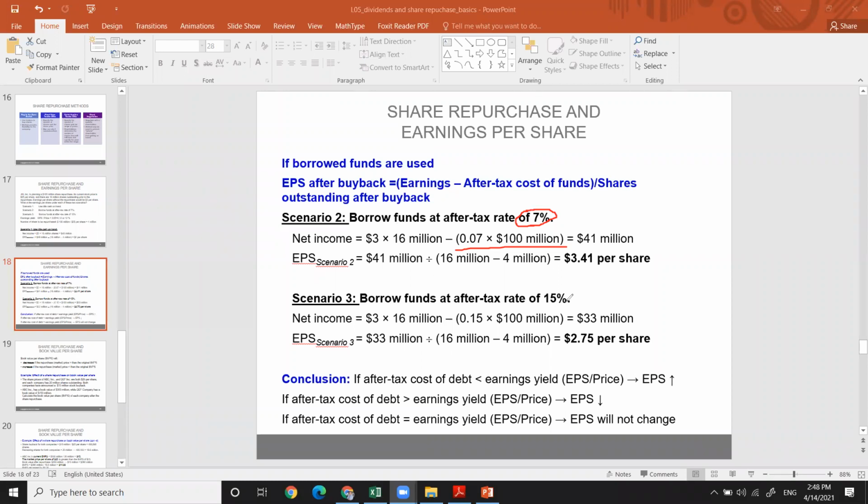Because actually the different interest rates are given here to show you that if earnings yield is 12% and it is more than cost of debt, then you would see that earnings per share will be going up. This is what the shareholders desire. But if you realize that the cost of debt is more than your earnings yield, then definitely the earnings per share after the buyback will be going down. But if they are equal, there will be no change in it.